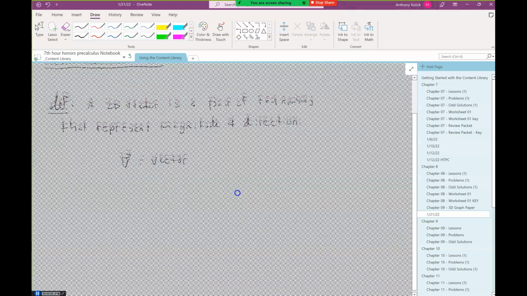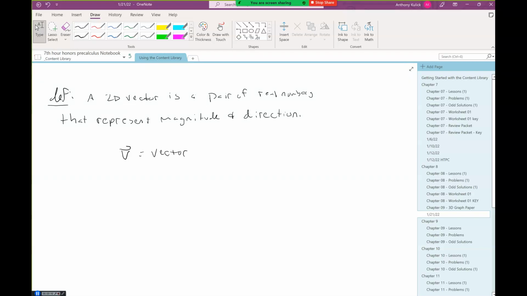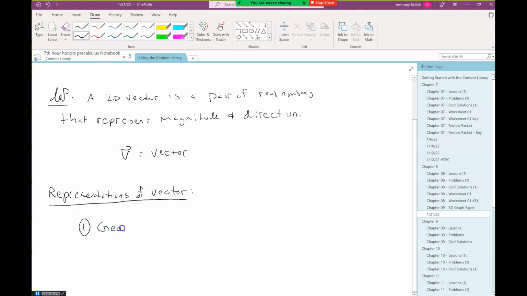So the first part of what we're doing here today is going to be talking about the different ways we can represent a vector, and then converting back and forth between these different representations. The first one is a geometric representation.